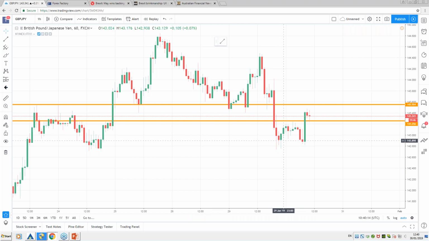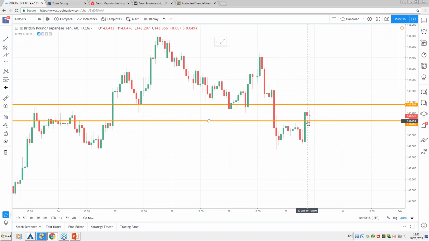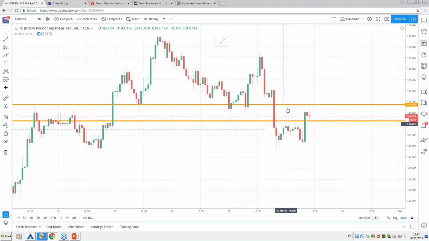Okay, and so that's an example of, if you're paying attention to the news and you see the timing of it, if we count back the number of hours through today's morning and the night, it was back here, right around here when that was decided, and you see this big drop right here. Okay, it was actually this hour here, I believe, that it occurred. And you look at how many pips it dropped in 1 hour.